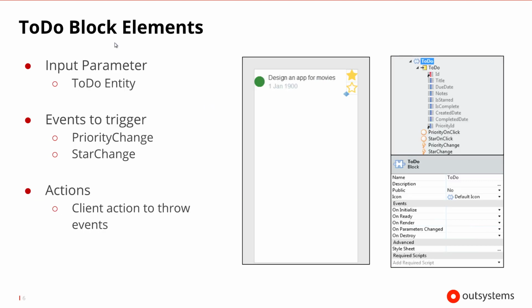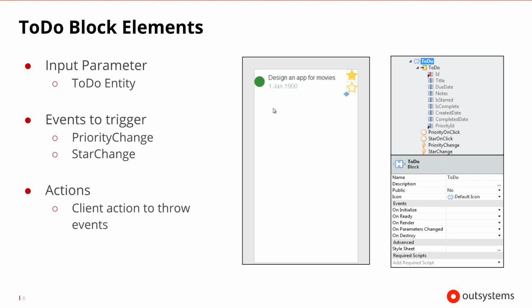Now if we want to see the to-do block itself, we would go inside of the user interface area, and here we can see the definition of the to-do block. It is taking the input that we just mentioned, which is a to-do entity, and we can see that this to-do block has the ability to throw an event called priority change and another one called star change.